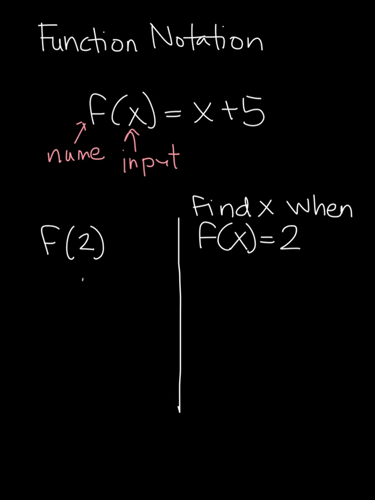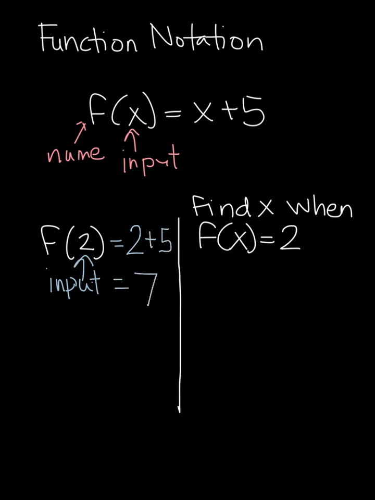the 2 is where the input is usually located, so they're asking us to put in a 2. So the only place to put in a 2 is where the input variable is. So we're going to put that 2 in for x, and then we're going to add 5.